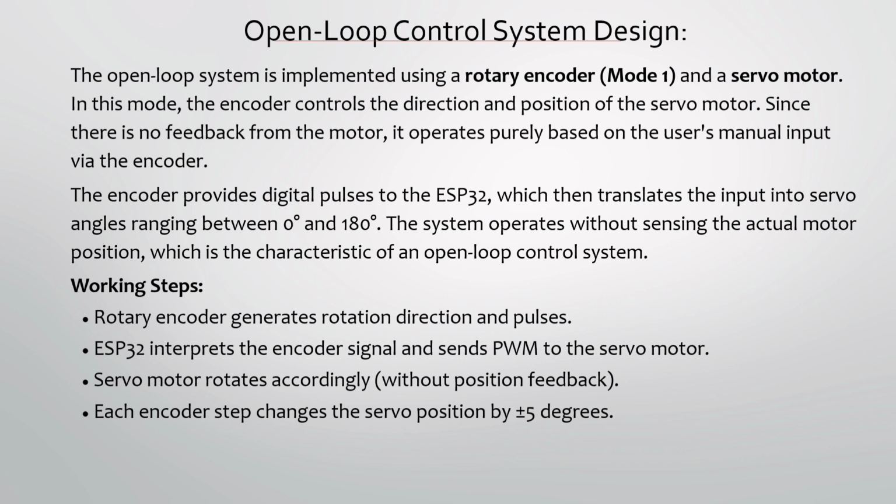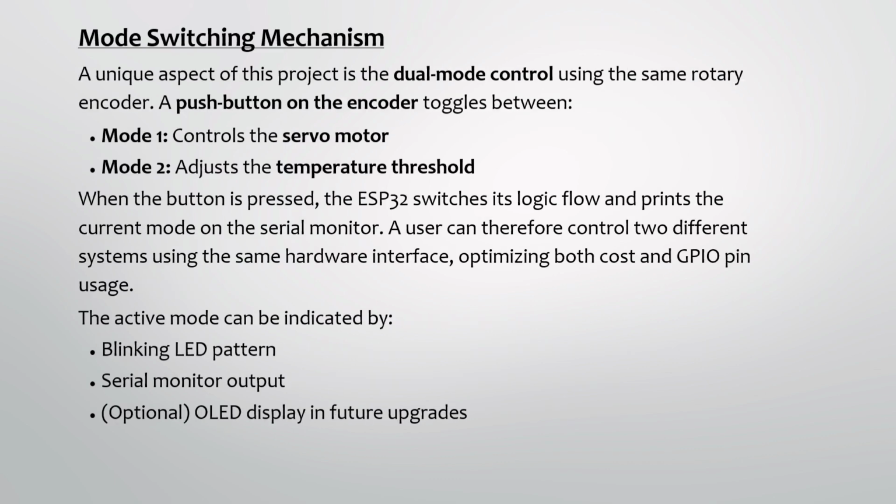The motor moves to an angle between 0 degrees and 180 degrees depending on the encoder's rotation. However, there is no feedback, so the system does not know whether the motor reached the desired angle. This is perfect for basic robotic systems where precision is not critical.